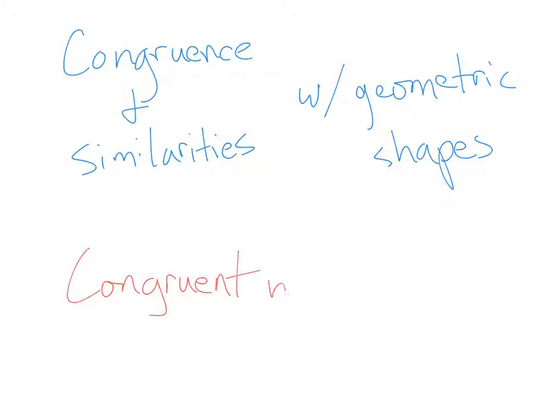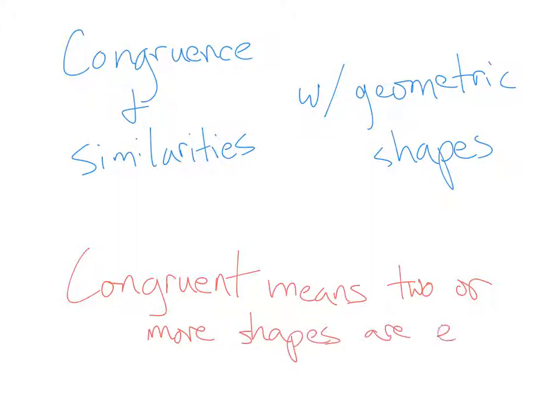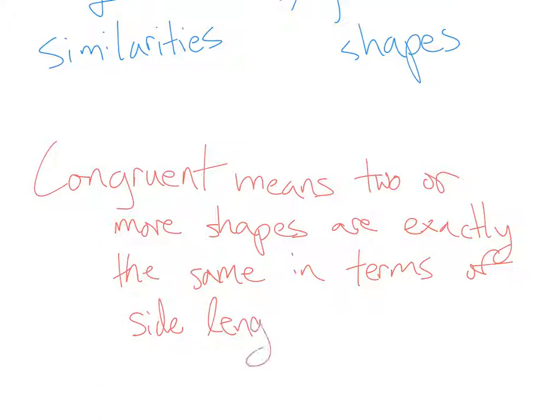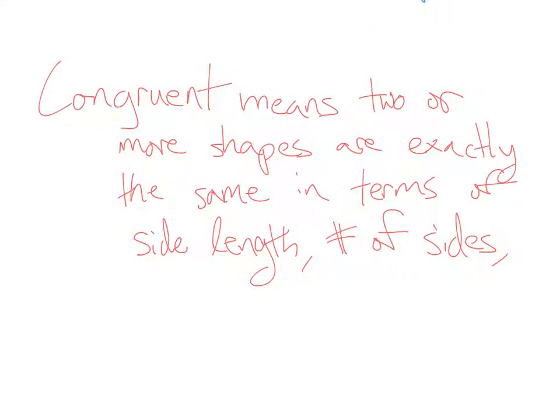So congruent or congruence means two or more shapes are exactly the same in terms of side length, number of sides, and angle.